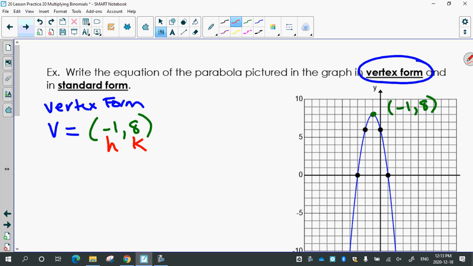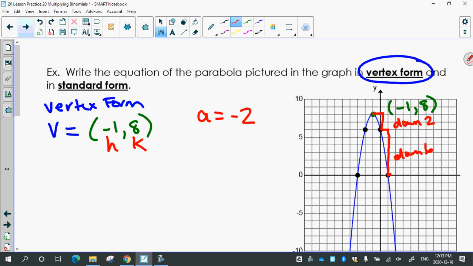Right? And then I'm going to look for the step number. So when I go over 1, I go down 2. Down 2 is my first step, which should mean that A is -2. Okay? And then check, because then my next step should be over 1, down 6. Yep, down 6. So it works, so my step number is -2.